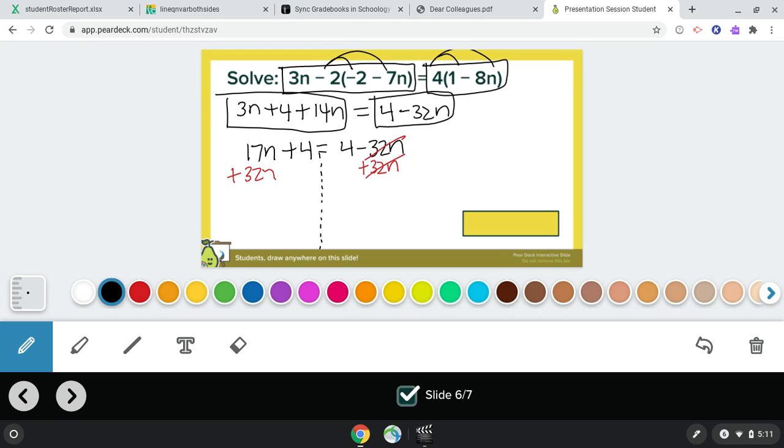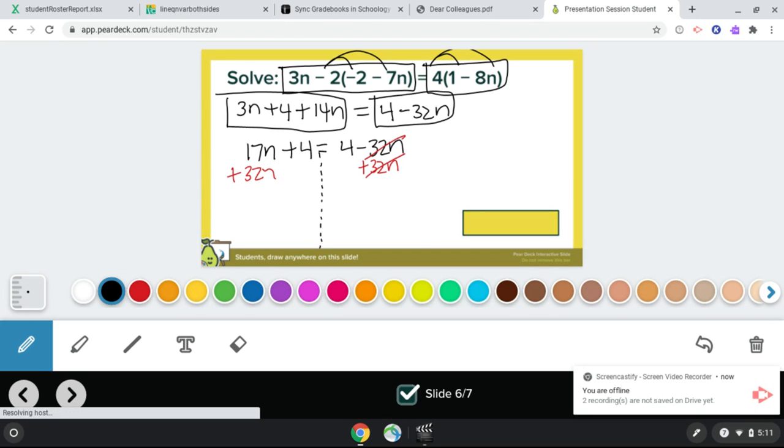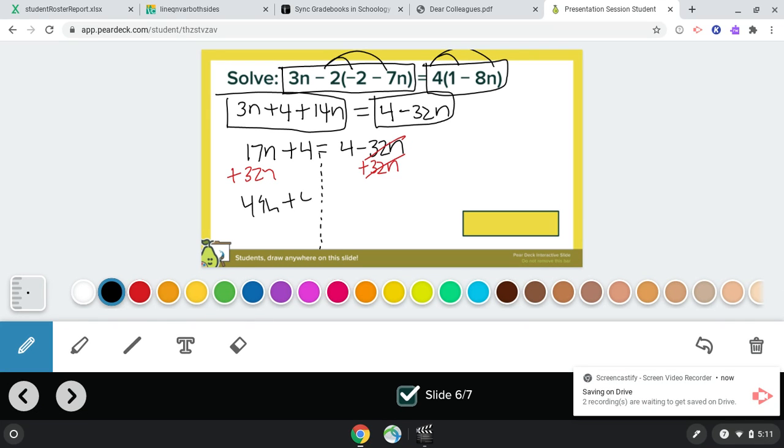Let me just double check. 17n plus 4, 4 minus 32n. So adding 32n, we get 49n plus 4 equals 4.